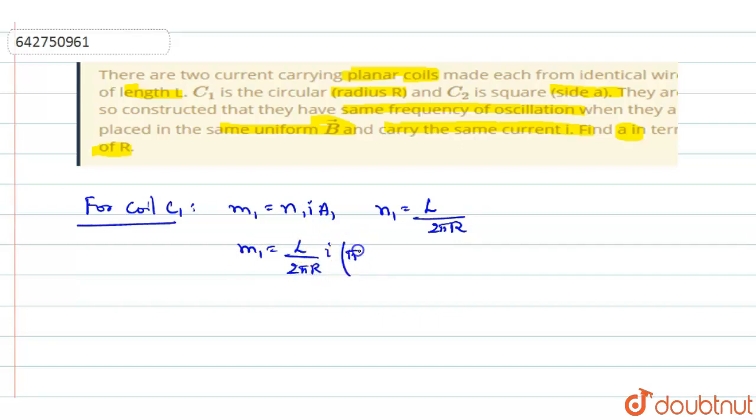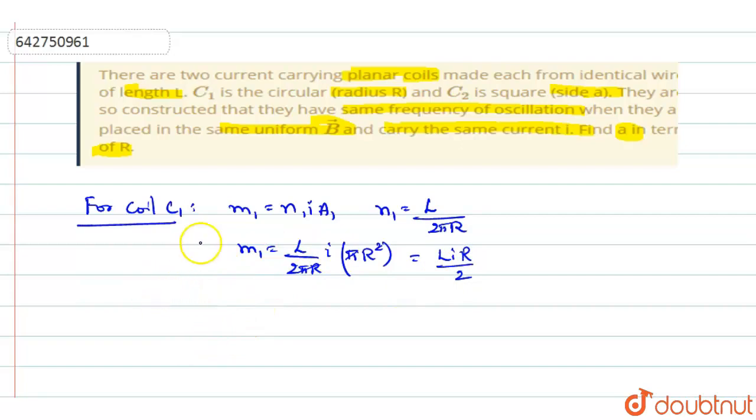A1 is how much? It is pi R square. So this becomes pi and R gets cancelled. You will be retained with L I R divided by 2. So this is the magnetic moment of the first one.